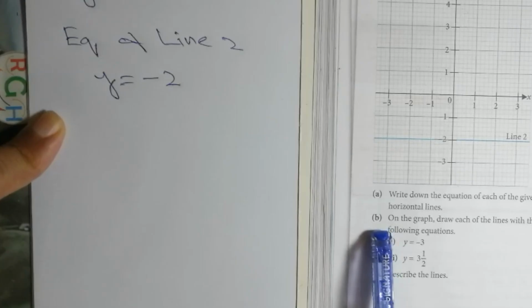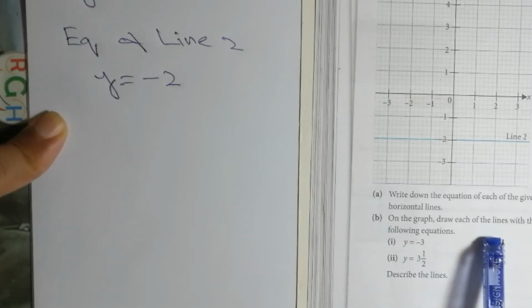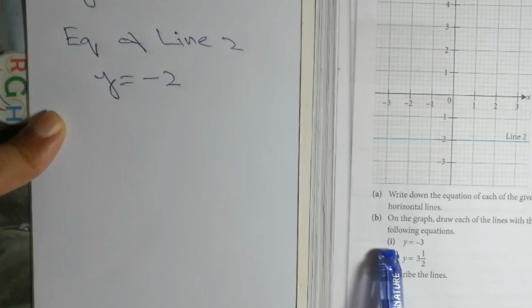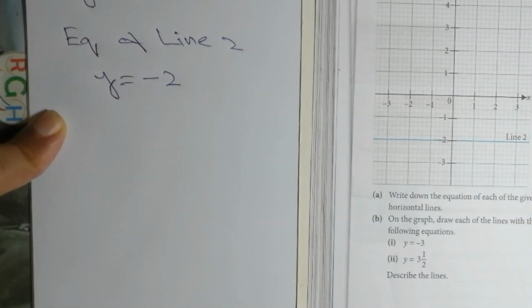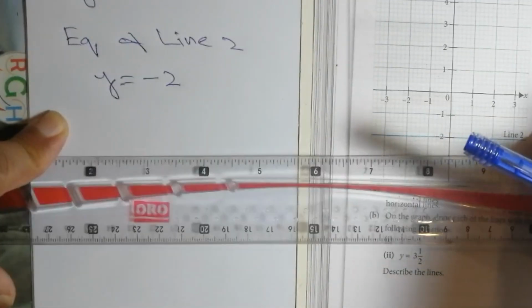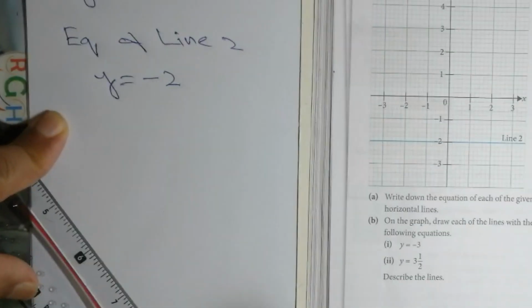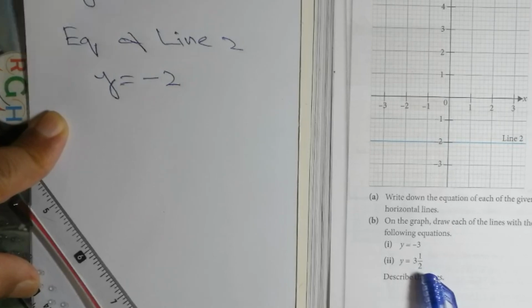Now part B: on the graph, draw each of the lines with the following equations: y equal to minus 3, and y equal to 3.5.